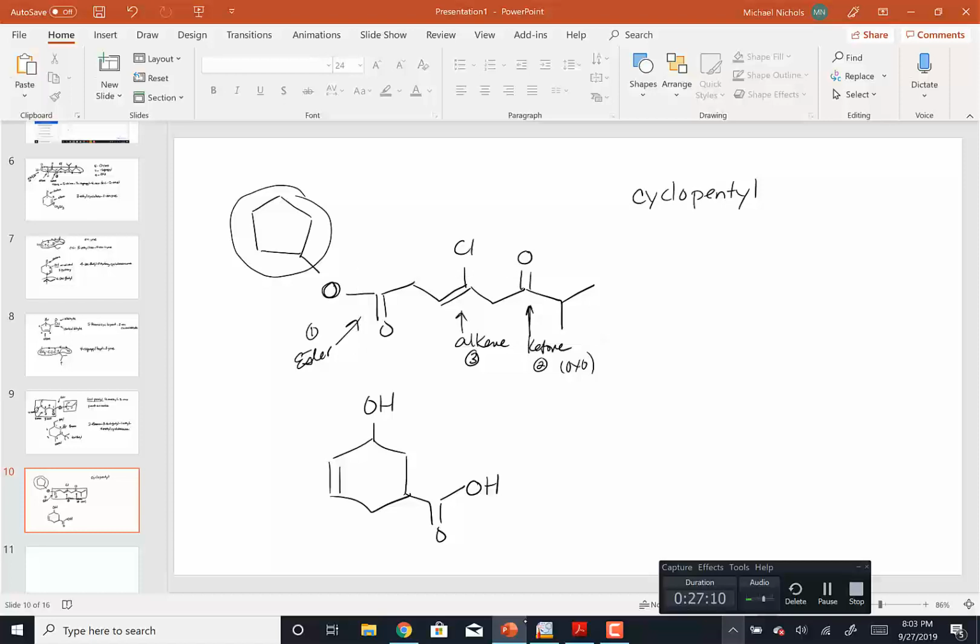Okay, I'm going to get rid of this box, because now what I'm going to do is circle the longest continuous carbon chain that contains the carbonyl of the ester and the double bond and the ketone carbon. So what do I have here? I have a methyl group here. Got a methyl group here.